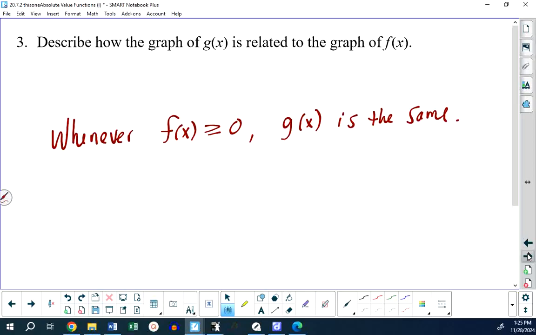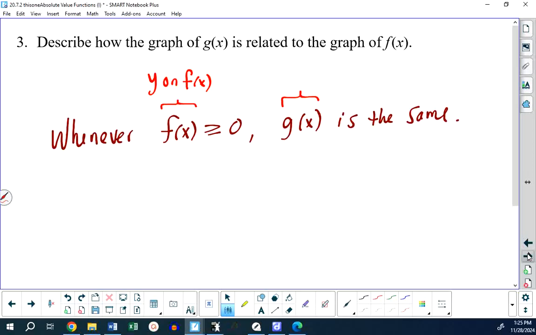What I mean by this, I'll start with this. What I mean by this is y on the function f of x. Whenever the y coordinate on f of x, which I can just call f of x, that's what y is.